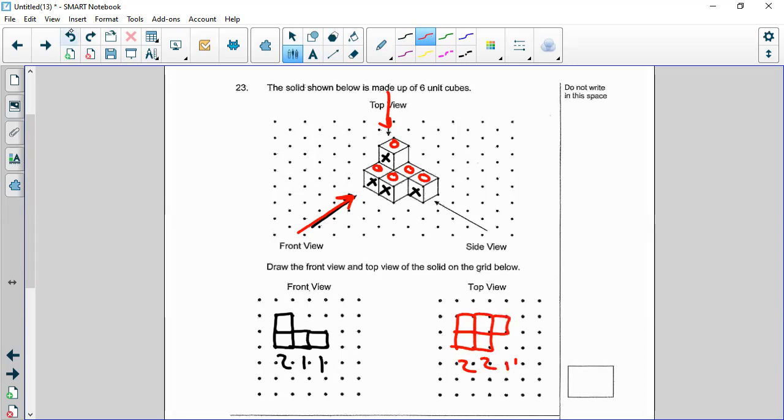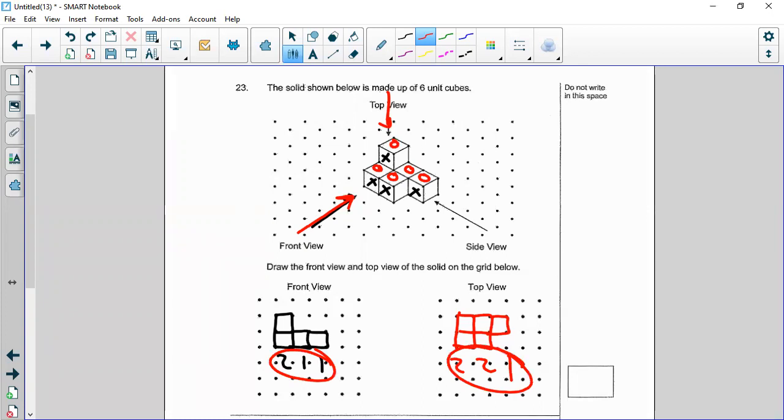That is your top view. Let me just do it nicely. 2, 2, and 1. Not hard, huh? This is not that hard to get your drawing correct. But please don't write your numbers here. It's just telling you how to draw the squares, but in your answer sheet, don't put down the numbers there.